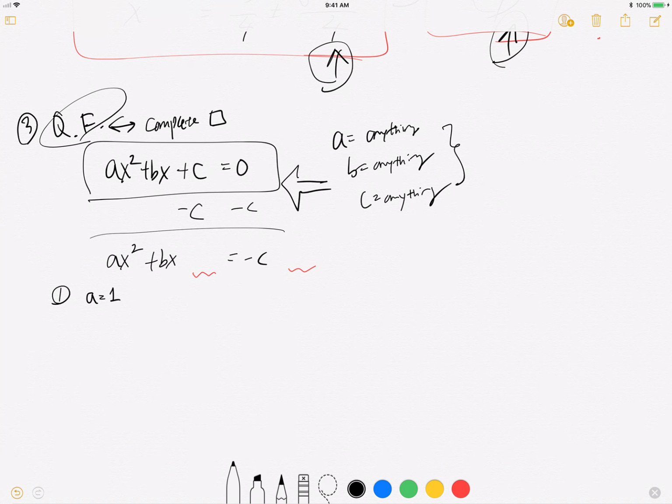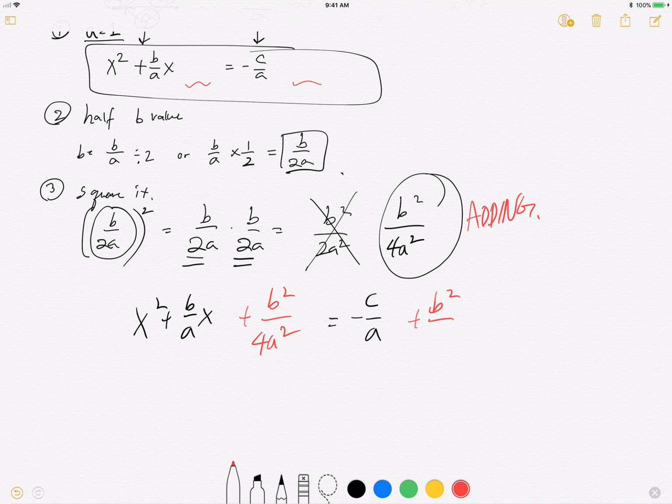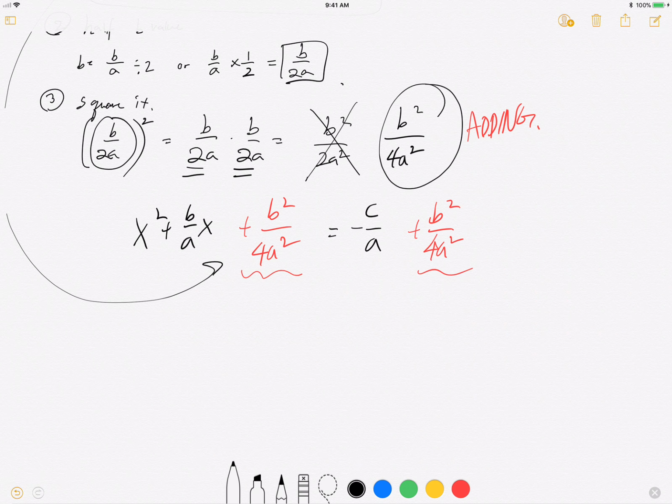That is what you're going to be adding to both the left hand and right hand side. Rewriting this equation, it will look like this afterwards. So I just copied the one in black down here. The thing that goes into these red blanks is going to be b squared over 4a squared.